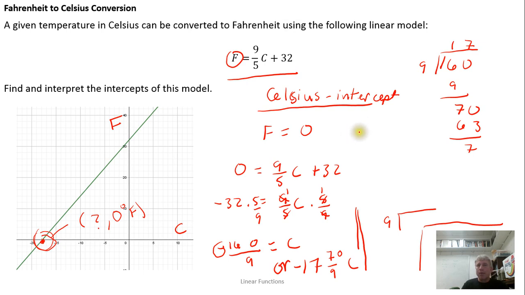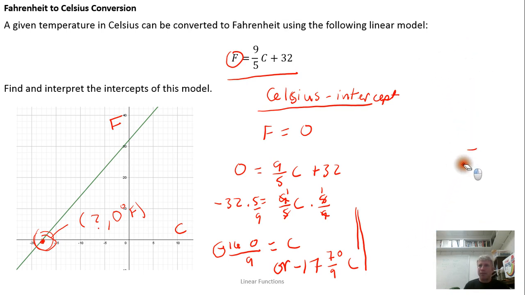So finally what we need to do is give the intercept. So the intercept is negative 160 over 9 degrees Celsius, comma, corresponds to a Fahrenheit temperature of 0 degrees.